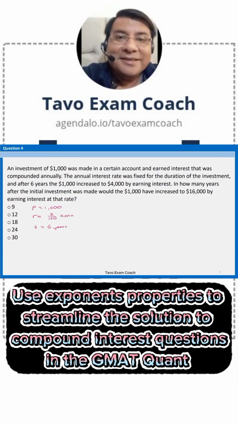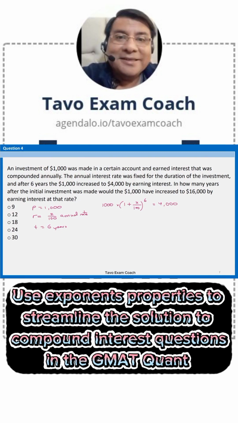So, since we have these 3 elements, the multiplication of 1,000 times 1 plus the interest rate up to the duration of the investment should yield the total balance, which is $4,000.